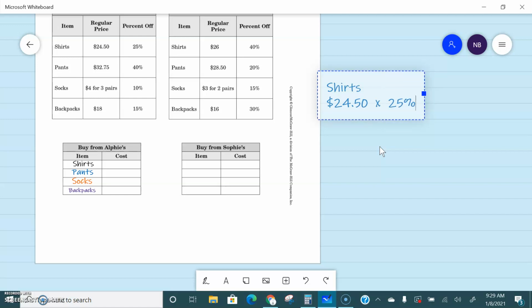Now, we can't just say $24.50 times 25%. What we need to do is change the 25% into a decimal so we can multiply. So I got $24.50 times 0.25. And you can use your handy dandy calculator for this one.